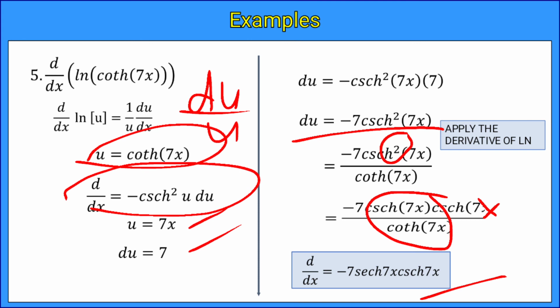So just put in the remaining values, and we're going to have this final answer, which is negative 7 hyperbolic secant 7x, which came from this, times hyperbolic cosecant 7x, which is this. Again, our final answer for the derivative of the natural logarithm of hyperbolic cotangent 7x is negative 7 hyperbolic secant 7x times hyperbolic cosecant 7x.